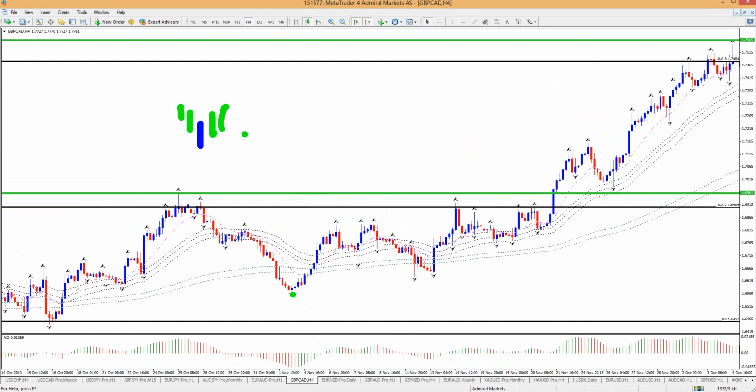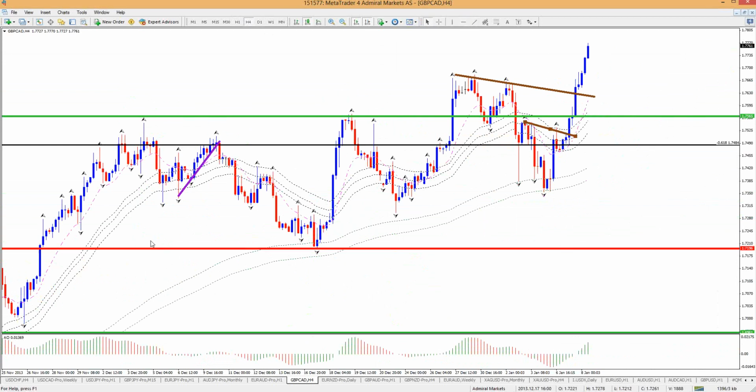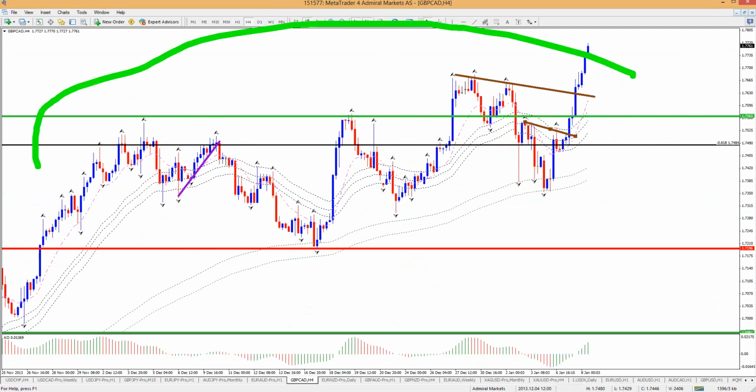Any fractal that is above the candle means that that candle high is the highest of those 5 candles. Once again, there could be more. Of course, logically speaking, with a big top like this or a big bottom like this, it's not only the lowest of 5 candles, but it's the lowest of a lot of candles. Try to count all these candles that are above this level. Well, there are tons of them.